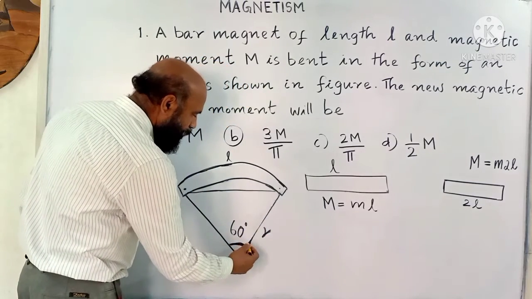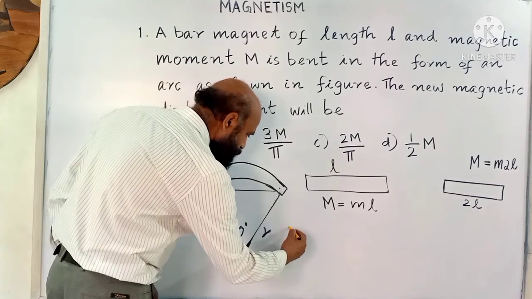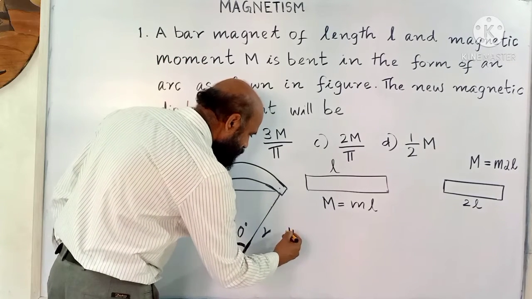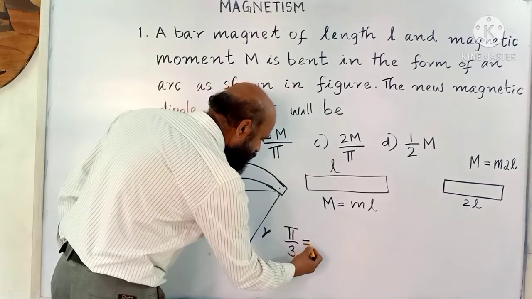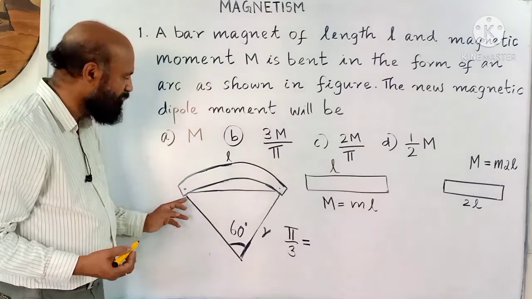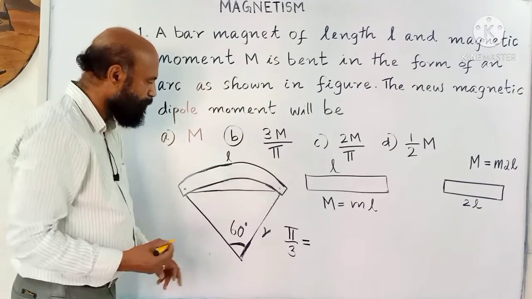Now the angle is 60 degrees. If it is expressed in radians, it is pi by 3. If an angle is expressed in radians, the relation is angle is equal to arc length divided by radius.